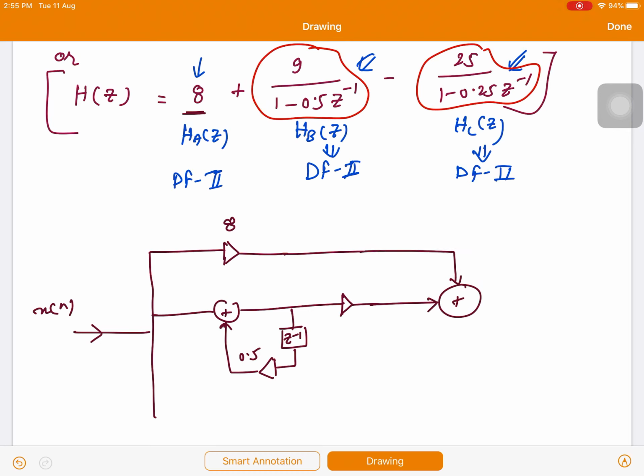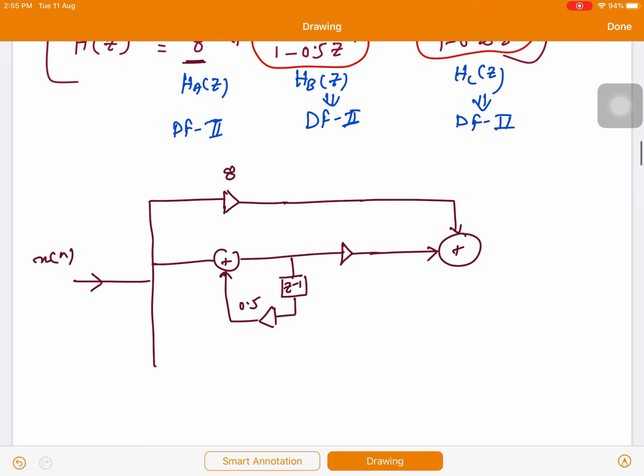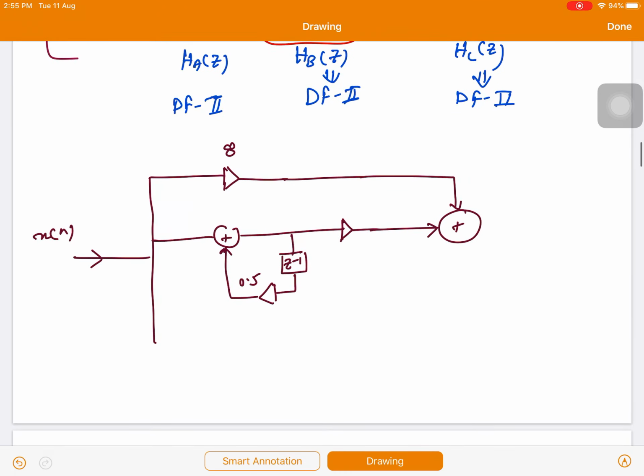So at the end you have to add all these three, H(z), Hb(z) and Hc(z).